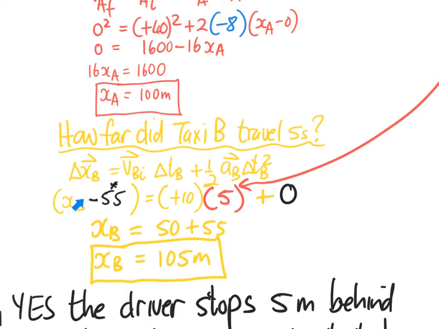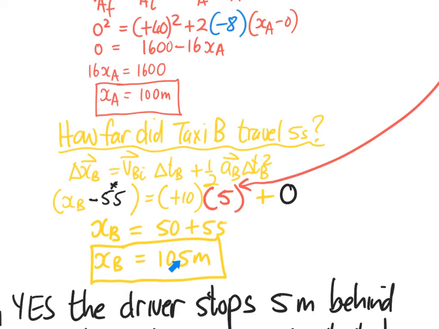Now, key, the change in position of the truck is where it lands up, xb, minus its initial position. Its initial position was x equals 55 in the frame of reference. Its initial velocity is 10, delta tb is 5, that's determined by the time it takes for the car to come to a standstill. Remember, we want to know where this truck is when the car eventually comes to a standstill. The acceleration of the truck is 0. So therefore, taking the 55 to the other side, 10 times 5 is 50, xb is 105.